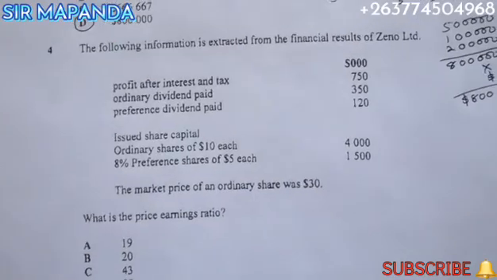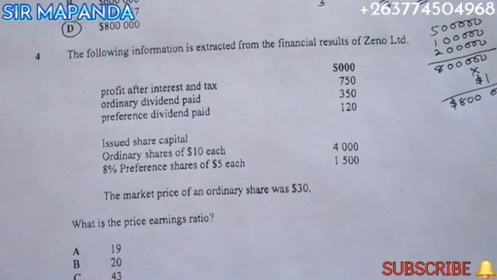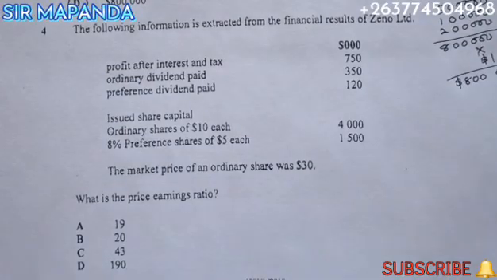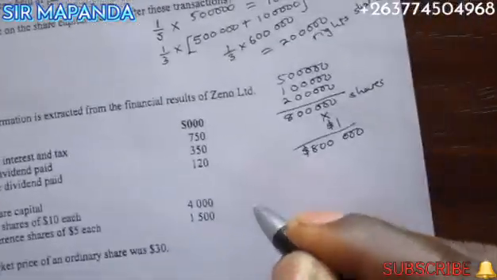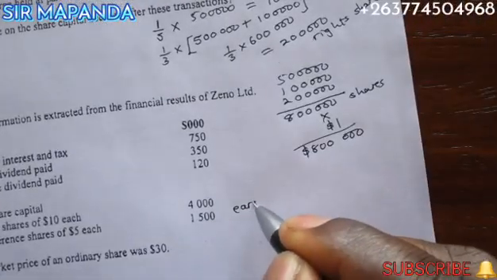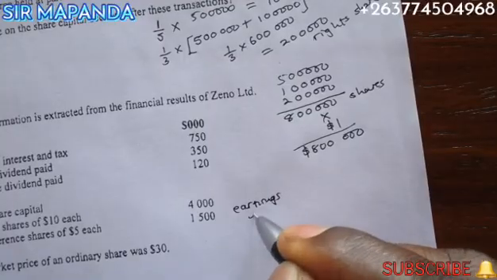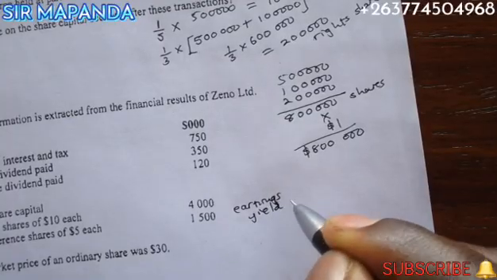We move on to question number 4. The following information is extracted from the financial results of Zeno Limited. Right? What is the price earnings ratio? So price earnings ratio is the reciprocal of earnings yield. Right? I want you to understand something. If you are asked to calculate earnings yield, right?